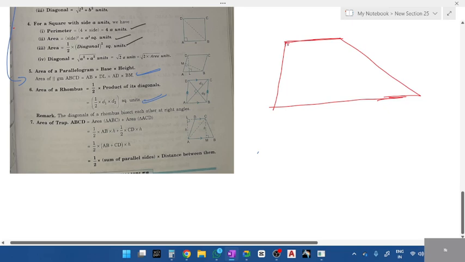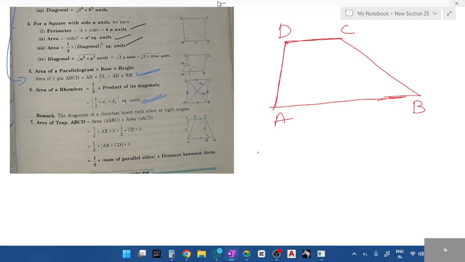Can you see that diagram and tell me? Is any two sides the same here? Do you think any two sides are equal? No, right? Look, all the lengths are different. AD is different, DC, AB, BC. This is known as trapezium. It is very easy to identify a trapezium diagram. Any two sides will never be equal in a trapezium.